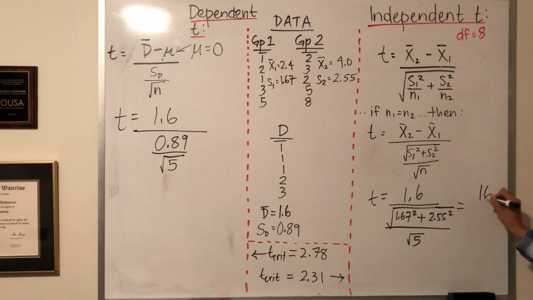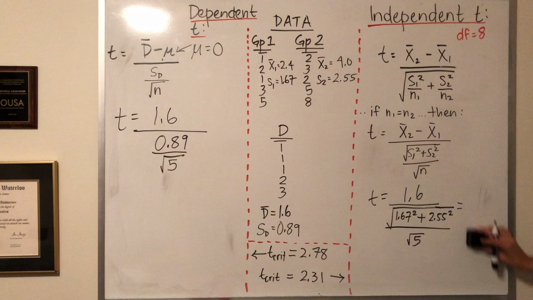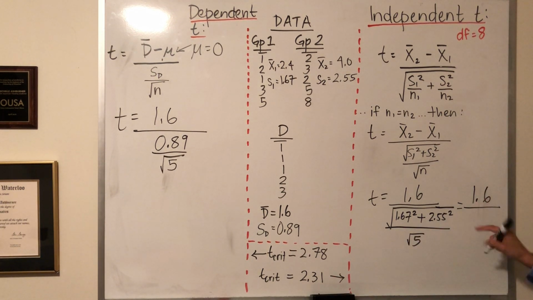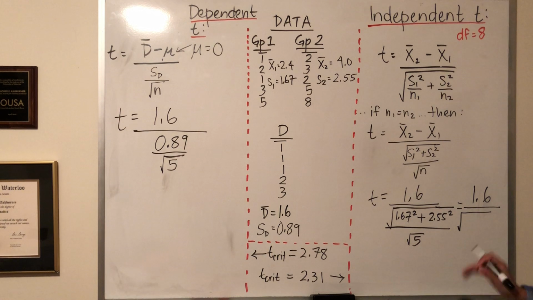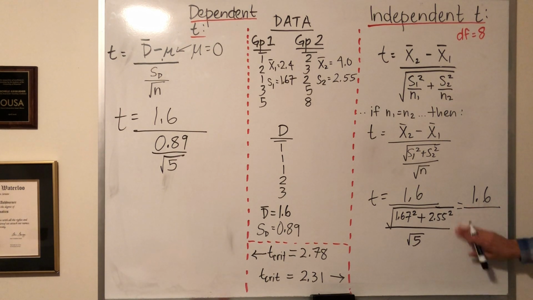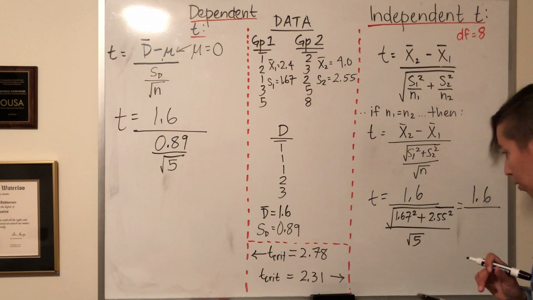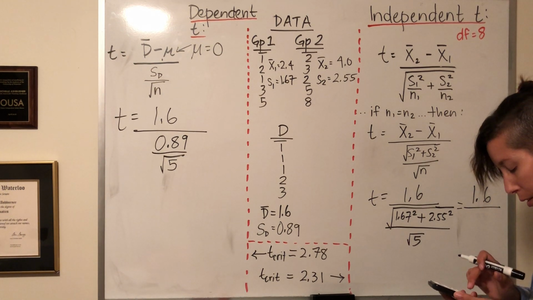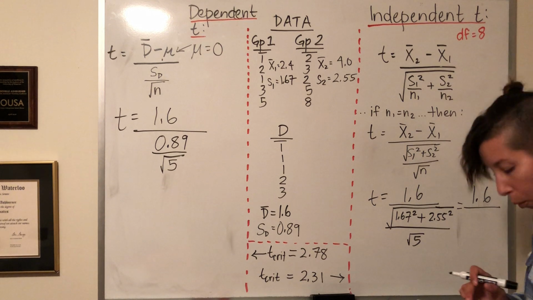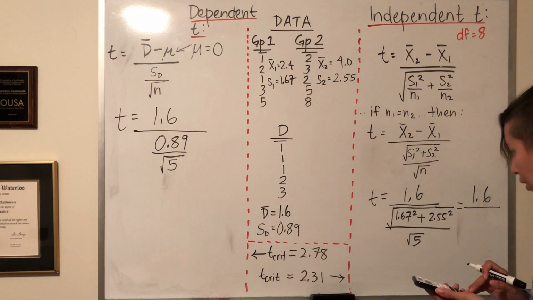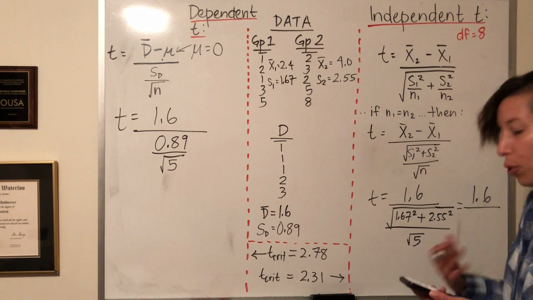So this would be 1.6 up top. And then we would divide that by the square root of, actually, you know what? I have a calculator, so we can do it all at once. So let's go, 1.67 squared, and then plus 2.55 squared, and that equals 9.2914.